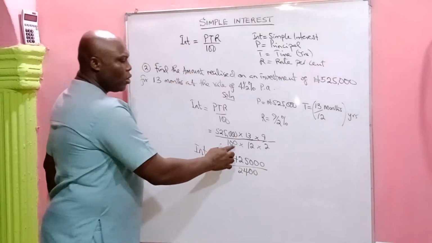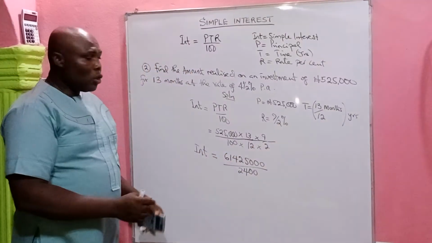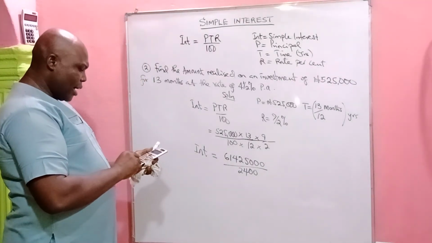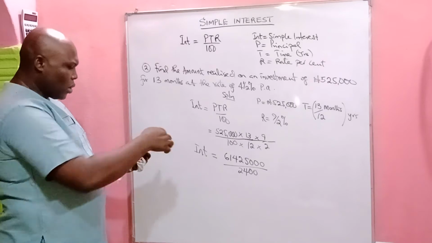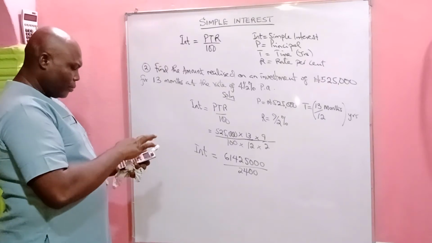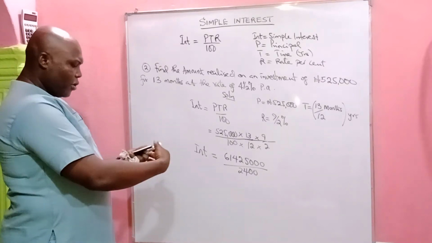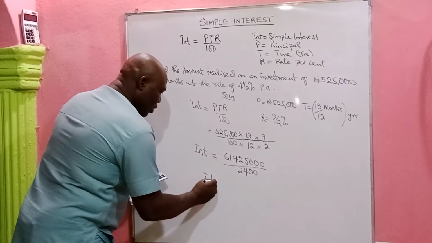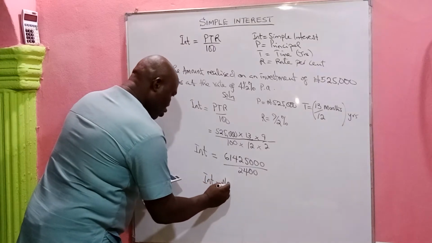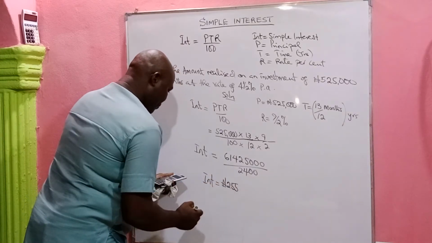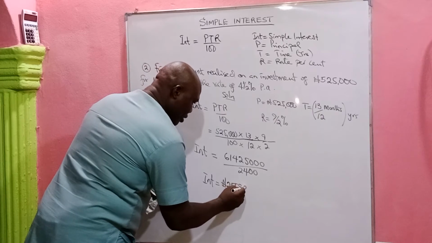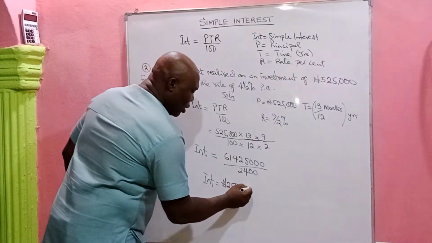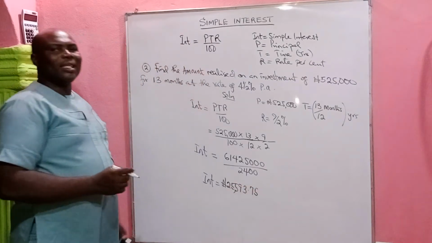Now we divide 61,425,000 by 2,400, which gives an interest of 25,593.75. So that's your simple interest.